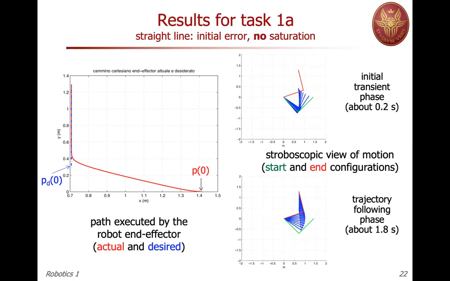In red, I have plotted the end configuration as well. Now the trajectory is moving, so I need to move at constant speed going up. And the second phase, for about 1.8 seconds, so a total motion is 2 seconds, remember, you see that the end effector will move along the vertical line, and you see some sample configurations in this stroboscopic view.